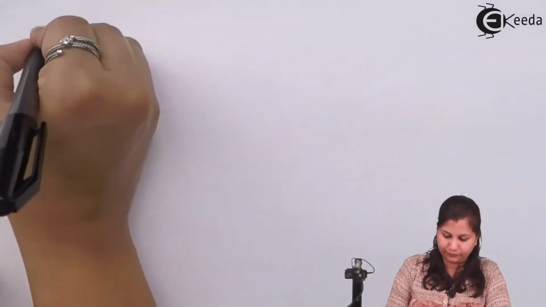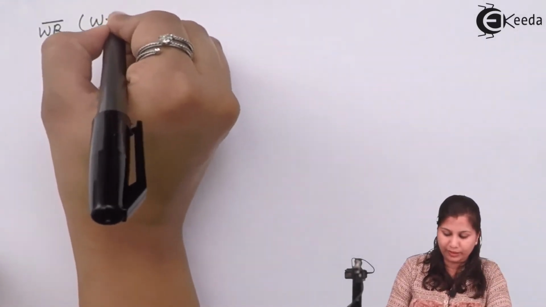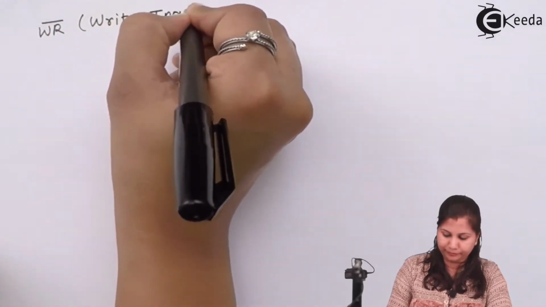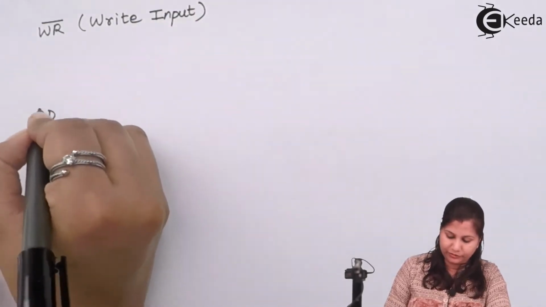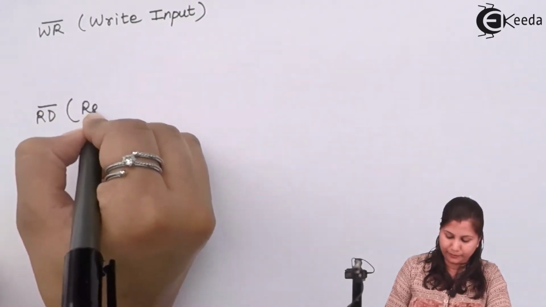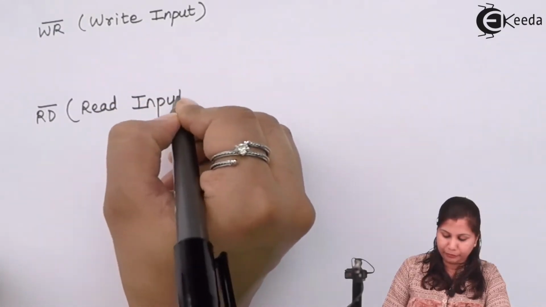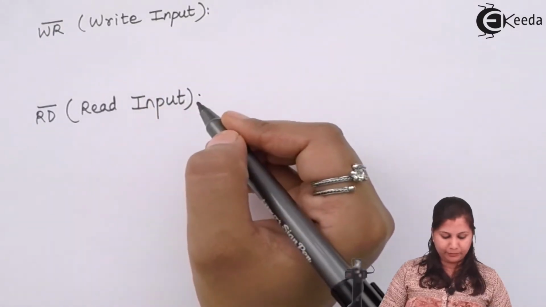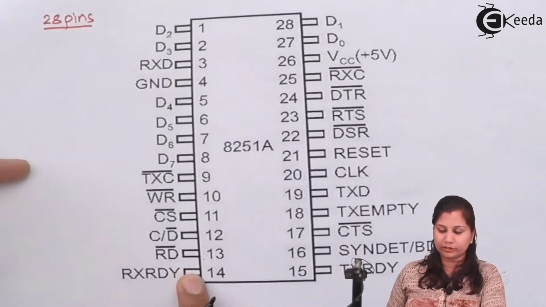Next we have the read and write terminals. This is for the write input, and then we have the read input also. Both are input terminals: pin number 10 is the write, and pin number 13 is for read.